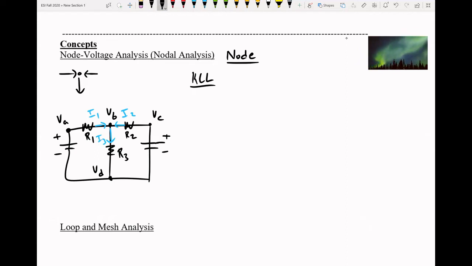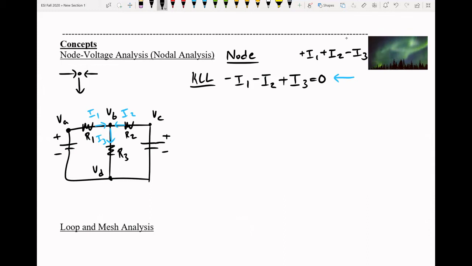All right. And we'll write our KCL out such that negative I1, negative I2, and then plus I3 is equal to 0. Okay. And you're more than welcome to do it the other way as well, so you can do plus I1 plus I2 minus I3 is equal to 0. I'm going to be using this version just because that's what your textbook uses.